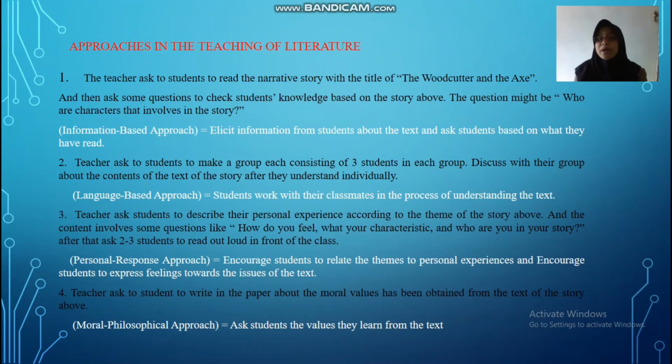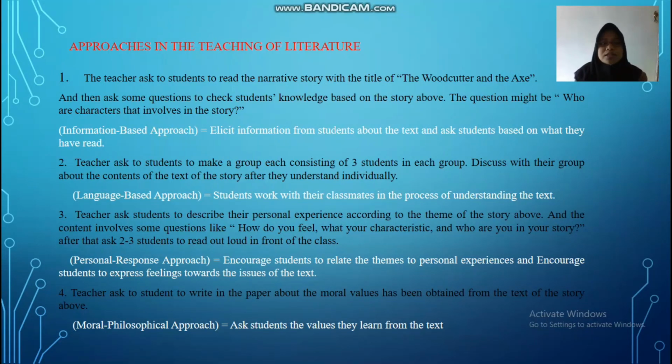The question might be, who are the characters involved in the story? So this activity is involved in the information-based approach, where the point is to elicit information from students about the text and also ask students based on what they have read.